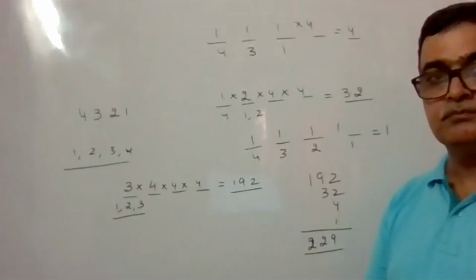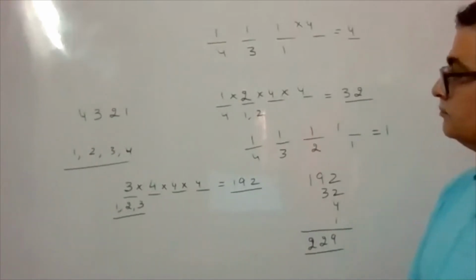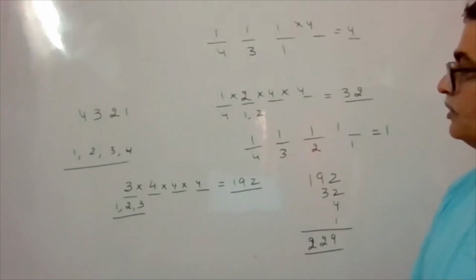Sir, when we are taking the case in which the first digit is 4 and the second one can be 1, 2, 3, so there will be 3 possibilities?